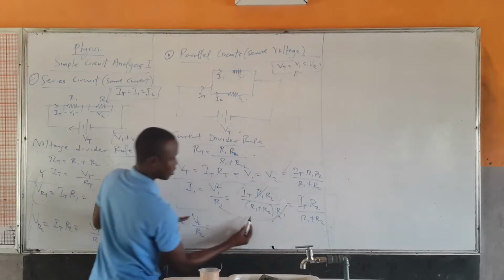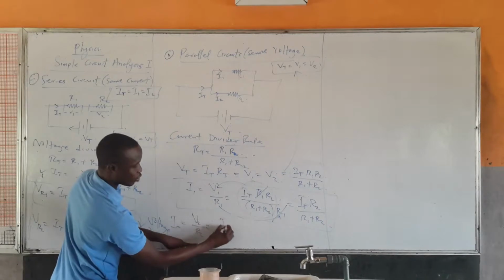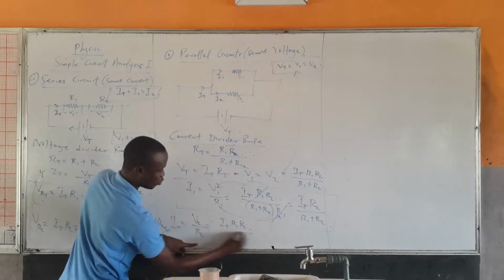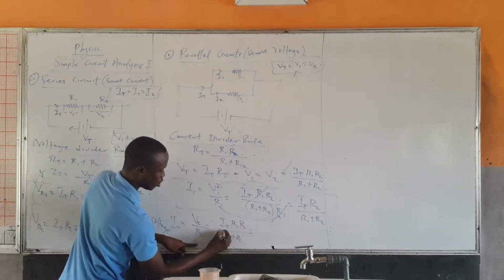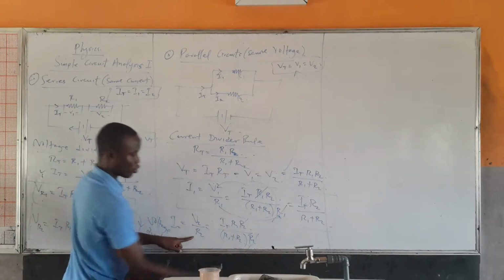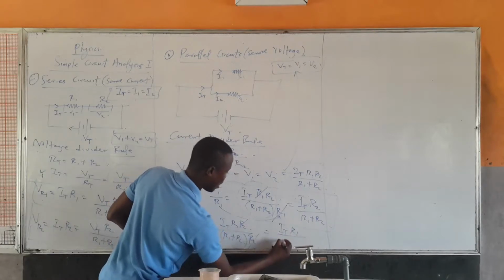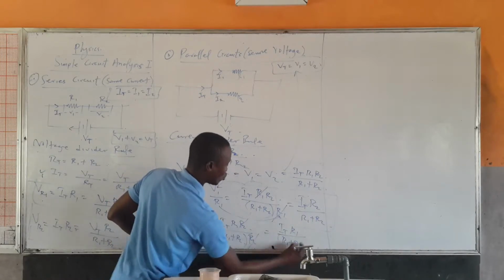That is where we got this expression from. Okay, so we're transferring it here. That's I total, R1 R2 over R1 plus R2, divided by R2. So the R2 also cancels. So we have I2 as I total, R1 over R1 plus R2.